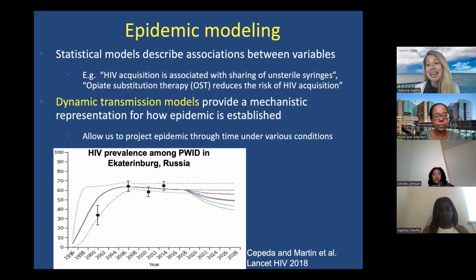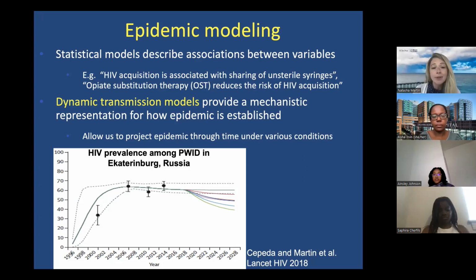And that's what dynamic models or epidemic models can do that statistical models cannot, because statistical models are just looking at associations between two variables. So these dynamic transmission or epidemic models allow us to project the epidemic forward through time and under various conditions. So you can see here on this slide, I'm showing a picture of a model that Dr. Cepeda developed that was simulating HIV transmission among people who inject drugs.